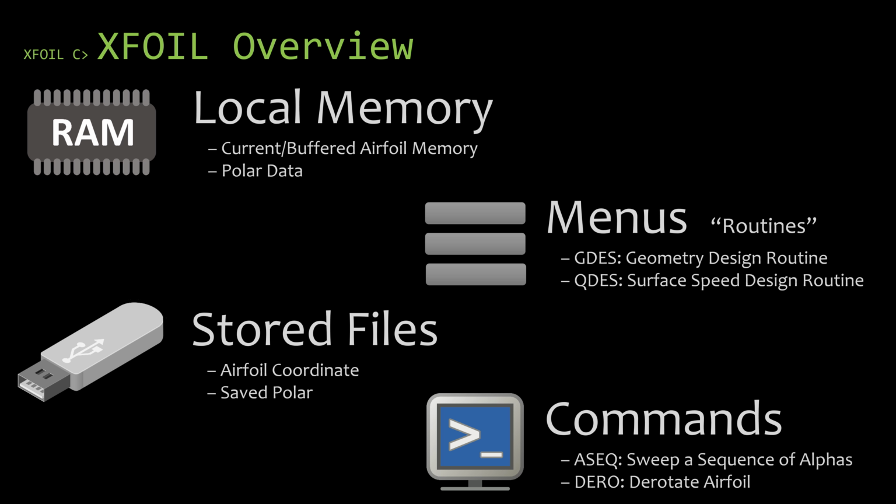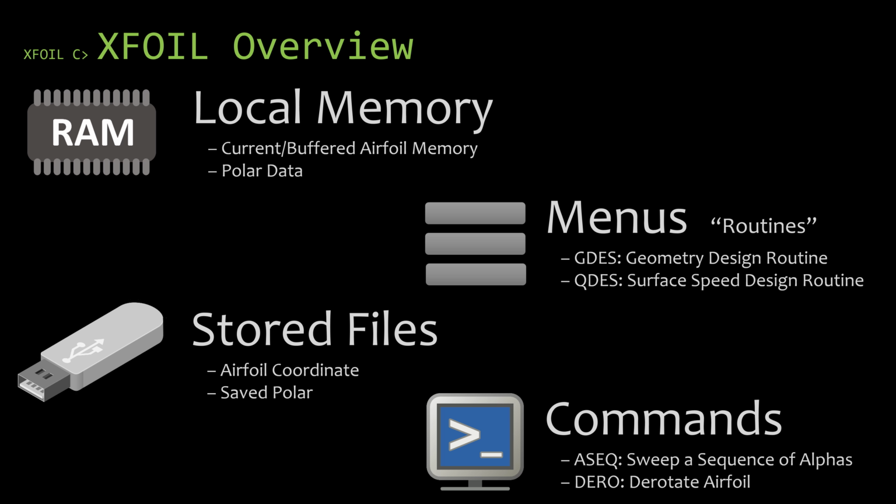All right, then in terms of the code portion of Xfoil, it's built into a hierarchy of menus, and each of those menus has a list of commands that you can use while you're in that menu. I'm calling them menus, but a lot of the Xfoil documentation calls them routines.